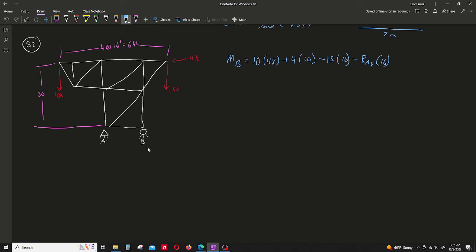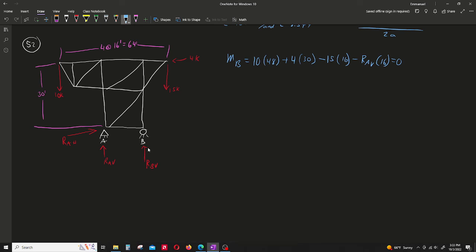And remember, this will all be equal to 0. This is going to look something like this. So we've got to make sure we add those in there.